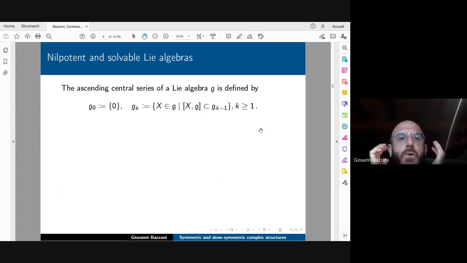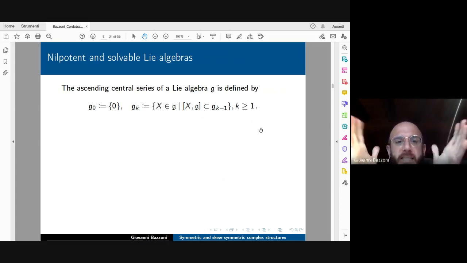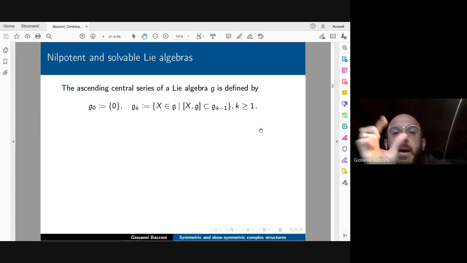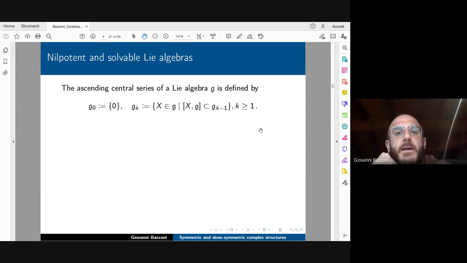Consider any Lie algebra g and define the so-called ascending central series by setting g_0 equal to 0, the trivial subspace. For any k greater than or equal to 1, define g_k to consist of those vectors X such that whenever you bracket them with all elements in g, you fall back into g_(k-1).